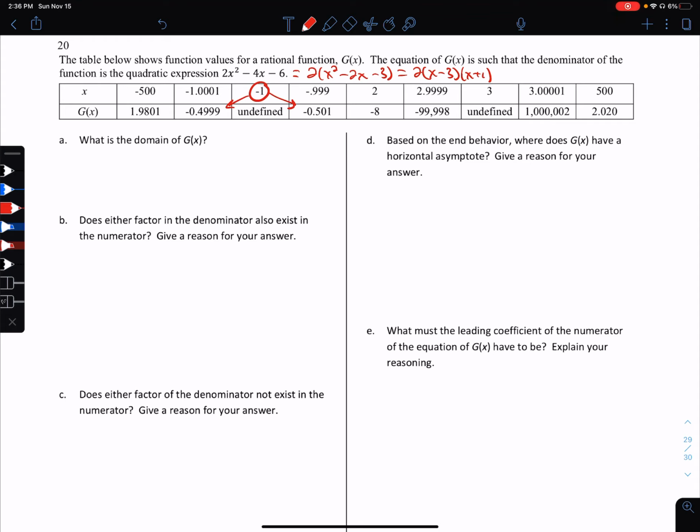So that would lead me to conclude there's going to be a hole in the graph at -1, -1/2. Over here where it's undefined, on the left it's a big negative number, and on the right it's a big positive number. That would lead me to believe there's a vertical asymptote at x equals 3.